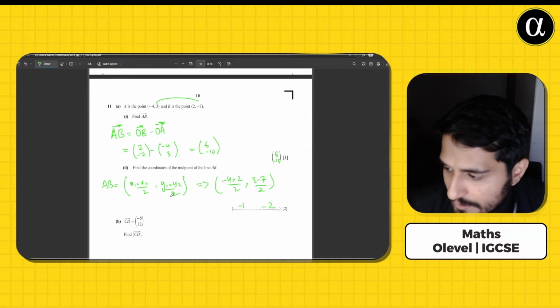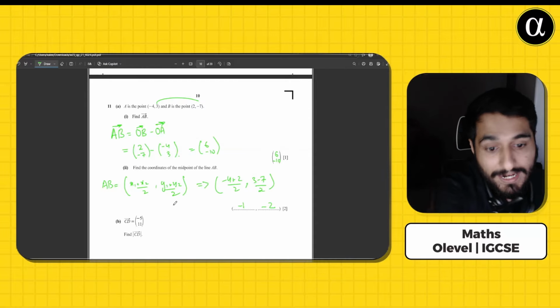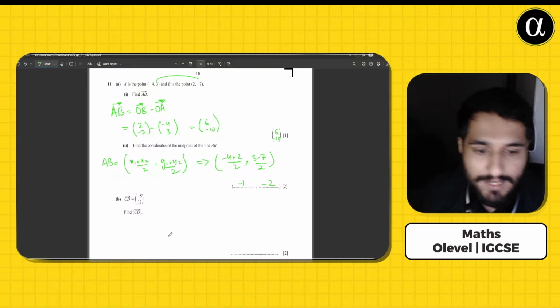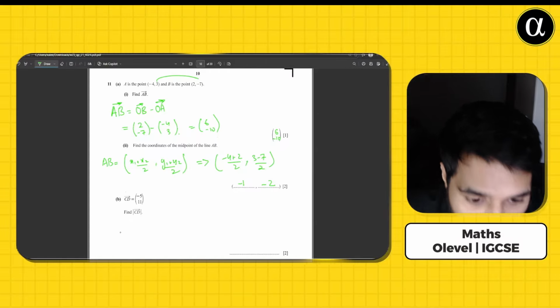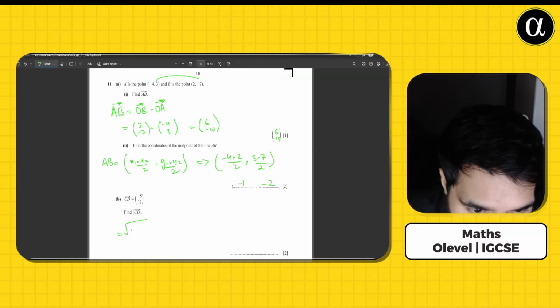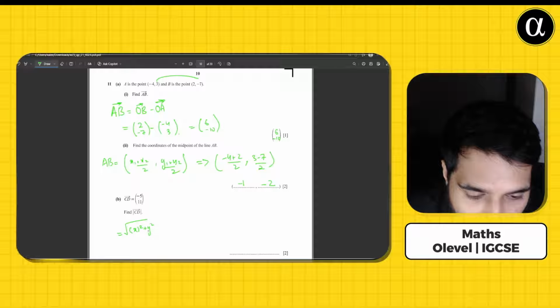Now CD says we need to find the magnitude of CD. As you can see the modulus sign, that means we are supposed to find the magnitude of the length. For that, the general formula for column vectors is the root of x squared plus y squared.